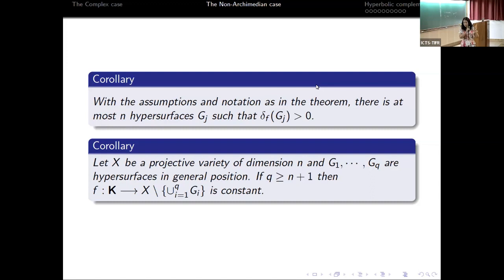Kobayashi hyperbolic implies Brody hyperbolic, but the other way is not true. So here we only get Brody hyperbolic, okay? And Brody hyperbolic means there is no non-constant map into that space.